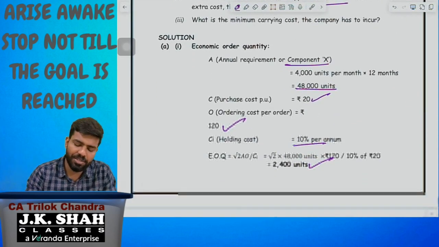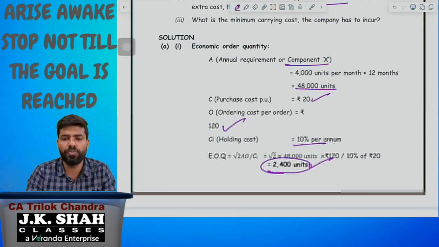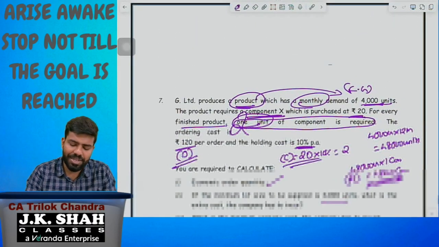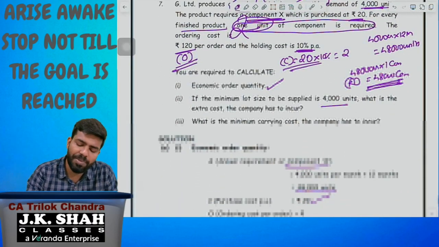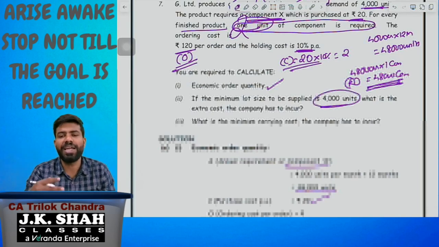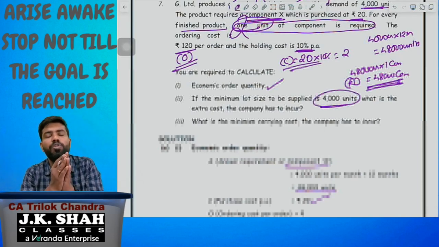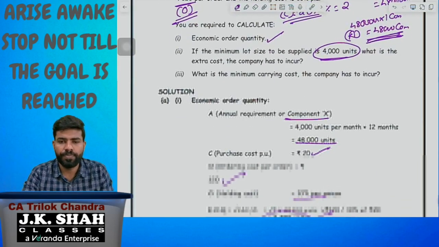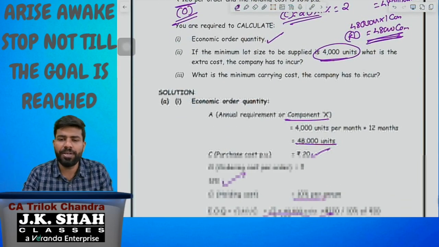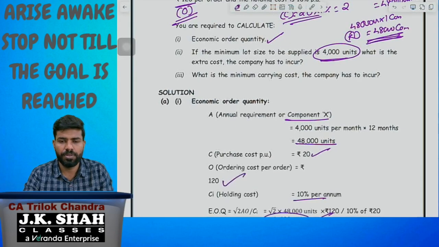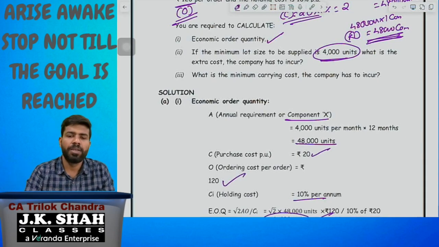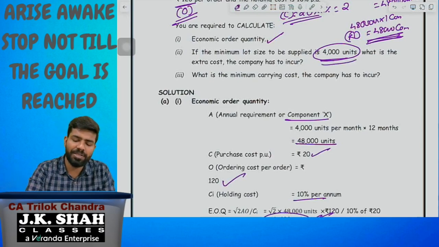See here, what we calculated is 2,400 as the EOQ. But what they stated here is that the minimum lot size that can be supplied by the supplier is only 4,000. We recommended the management to purchase 2,400 units, but the minimum lot size available is 4,000 units.